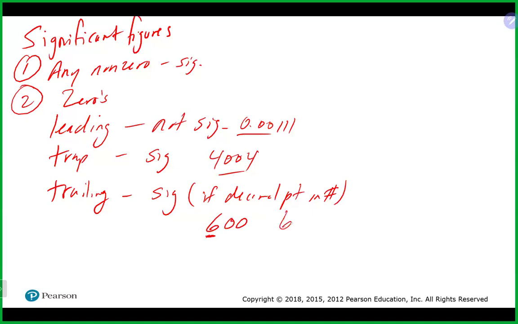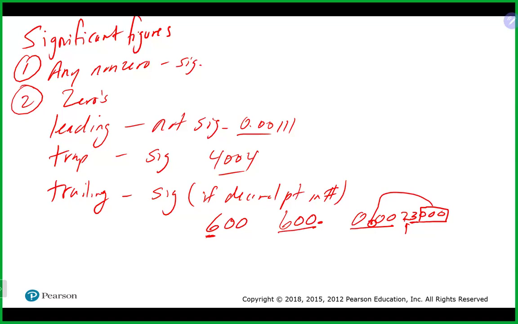If we put 600 with a decimal point, now all three of them would be significant. If we had something like this, these would not be significant. We would start counting here, and once again these three at the end would be significant because of that decimal point in the number. So that's the deal with the zeros at the end.